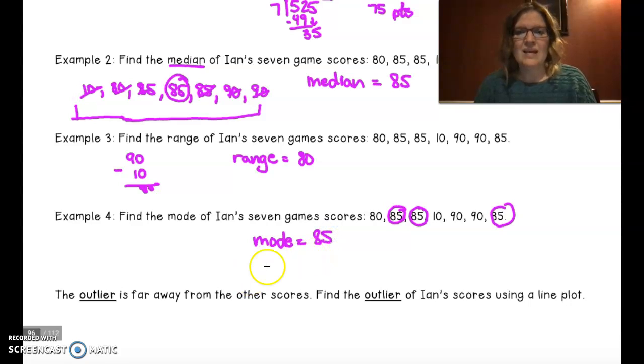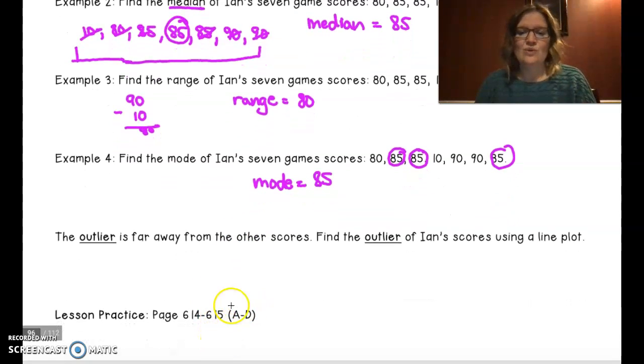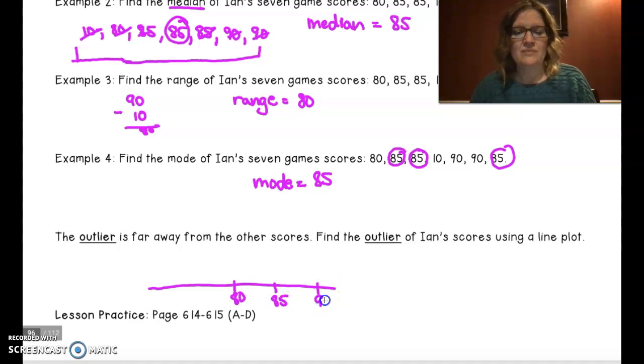And finally, the outlier is far away from other scores. Find the outlier of Ian's score using a line plot. This is going to be sad. Poor Ian. Here we go. Here's our long line plot. We have 80, 85, 90.